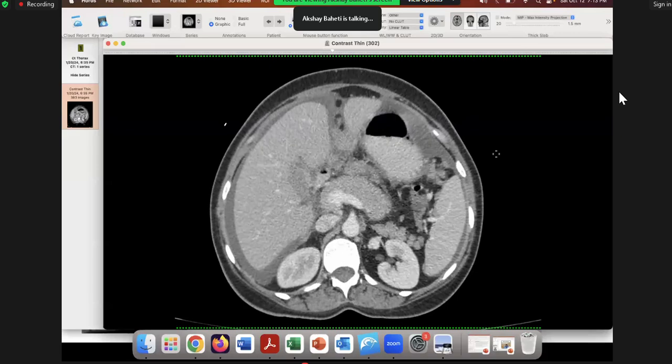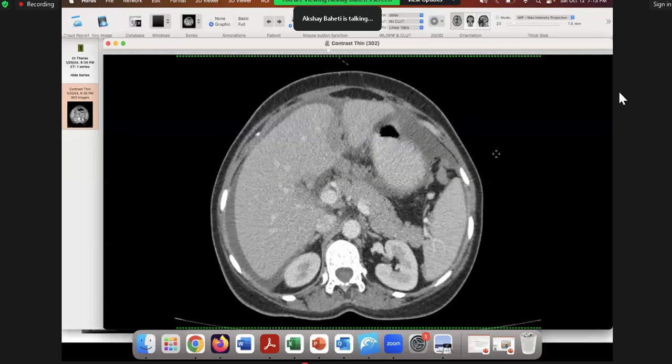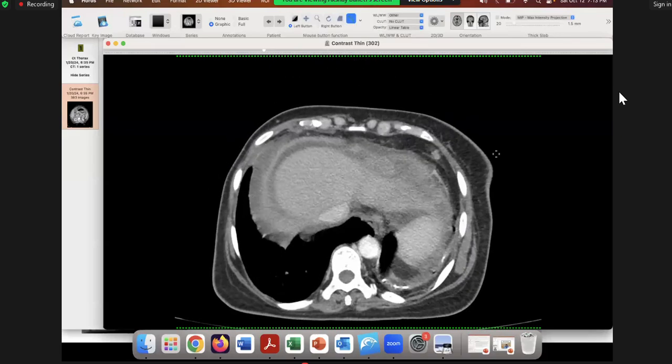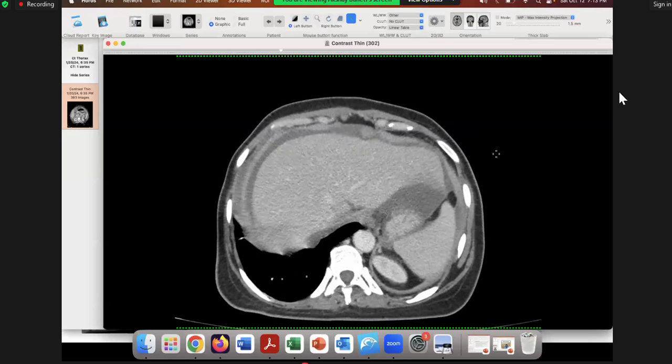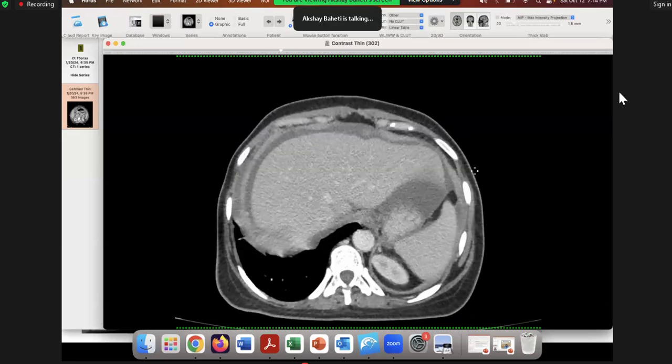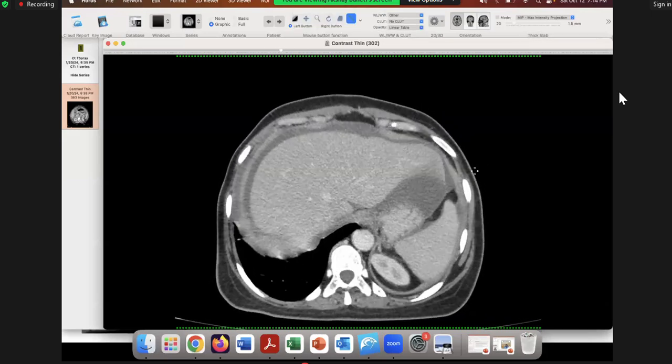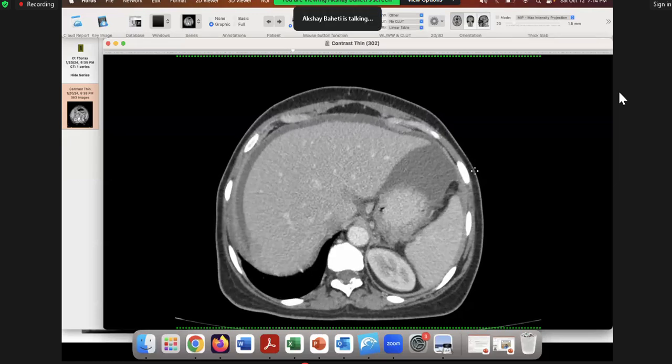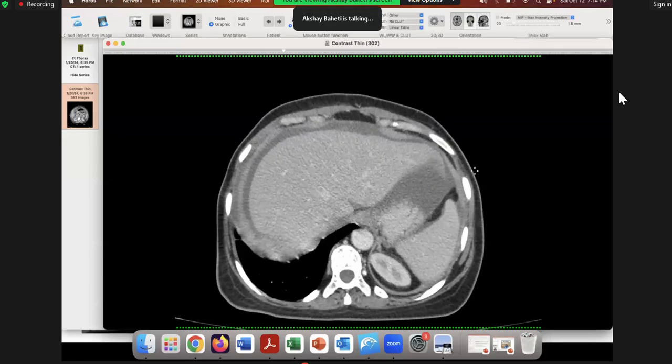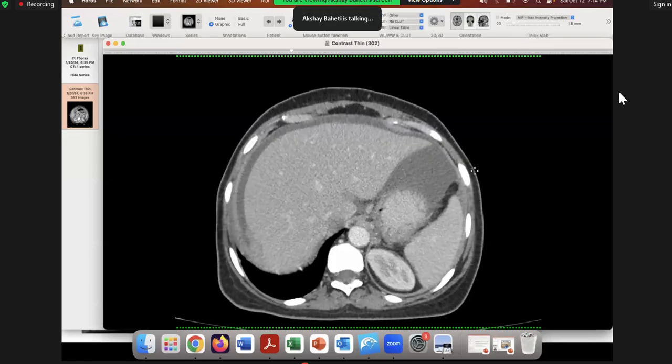Okay, so what we'll do is we'll just go through this and you tell me where you see deposits. Yes, sir. Okay, so we are going down now. Just keep describing what you see. Do you see anything abnormal till now apart from the ascites? There's ascites. Do you see any deposits?